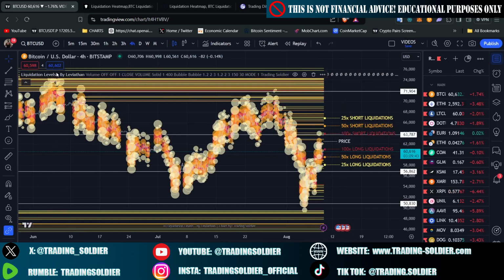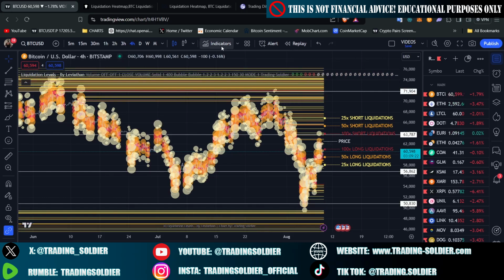For example, here in TradingView, I explained in one previous video, which I will leave the link to at the top right of this video, how to use this indicator on TradingView. This indicator is called Liquidation Levels by Leviathan.